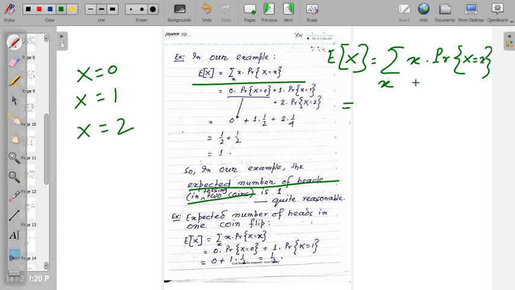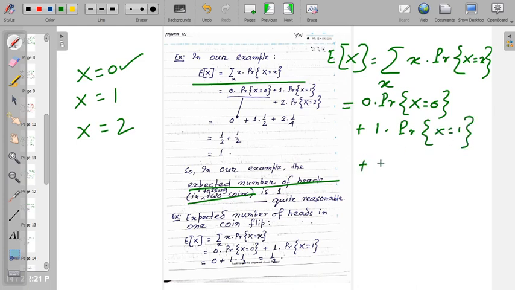Now I put in the values. x could be 0, times probability x equal to 0, plus 1 times probability x equal to 1, plus 2 times probability x equal to 2.